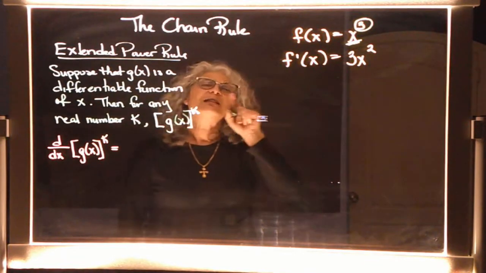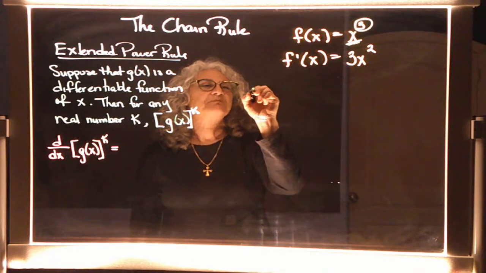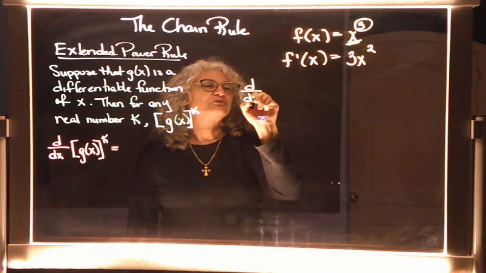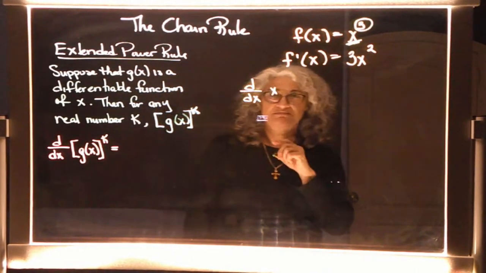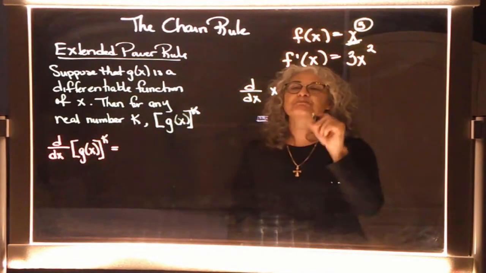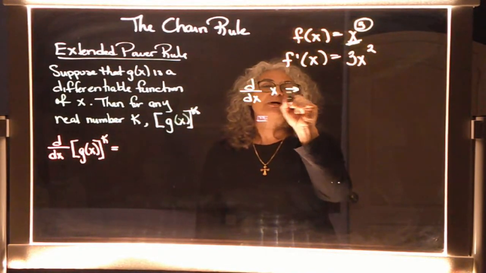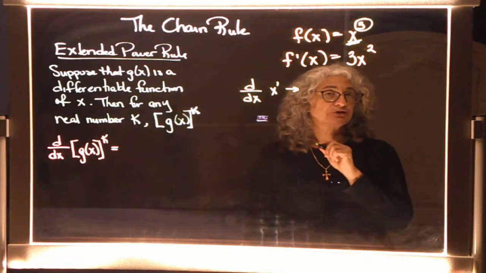So, let me ask you something. If I'm trying to find the derivative of x, right, that would mean, and by the way, x is to the power of 1, agreed?